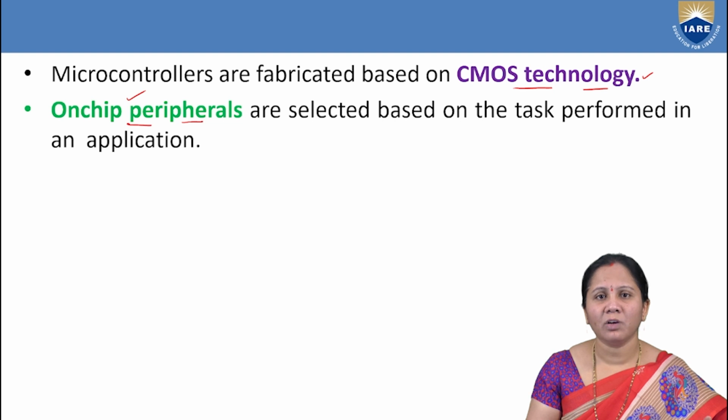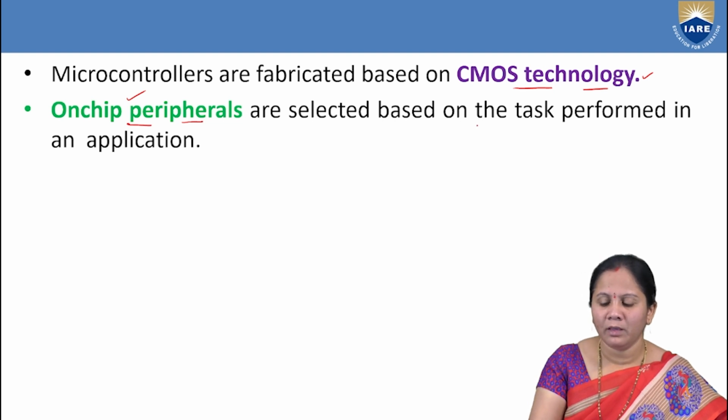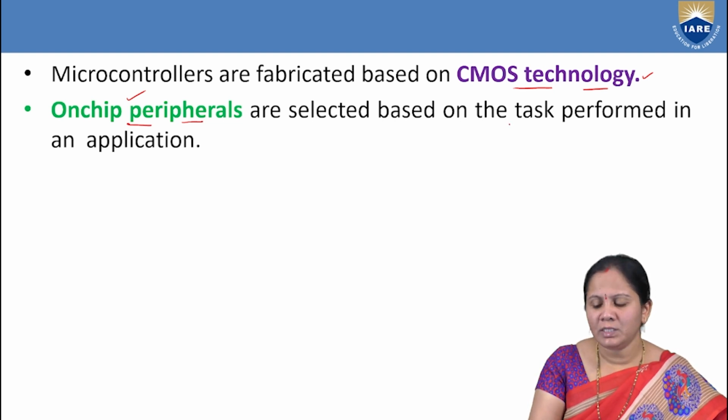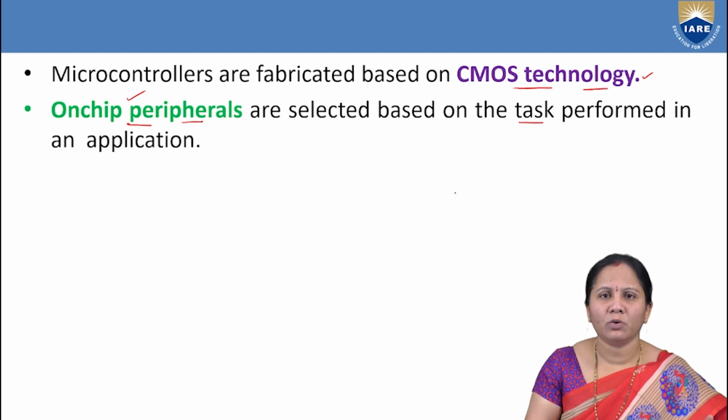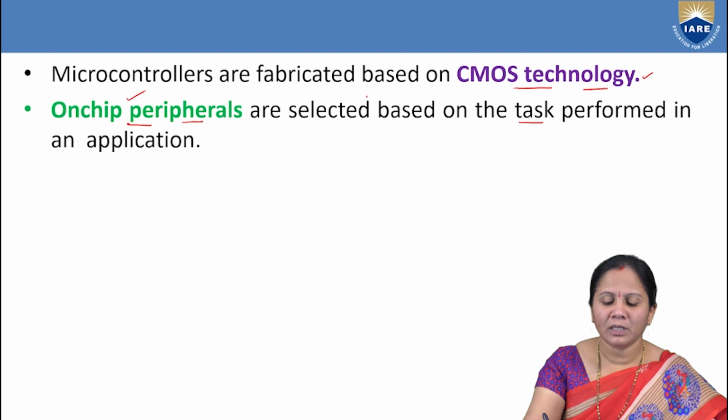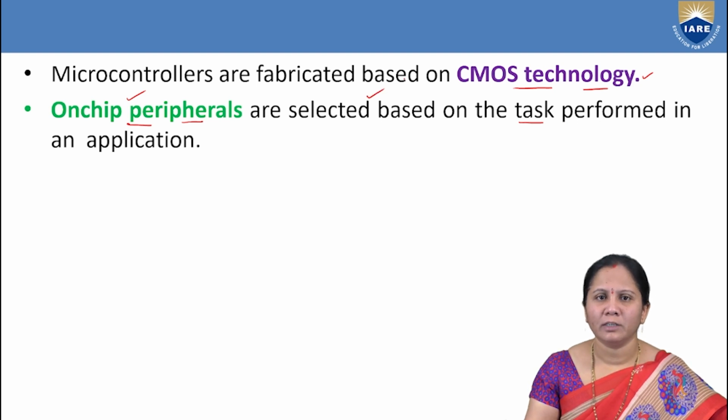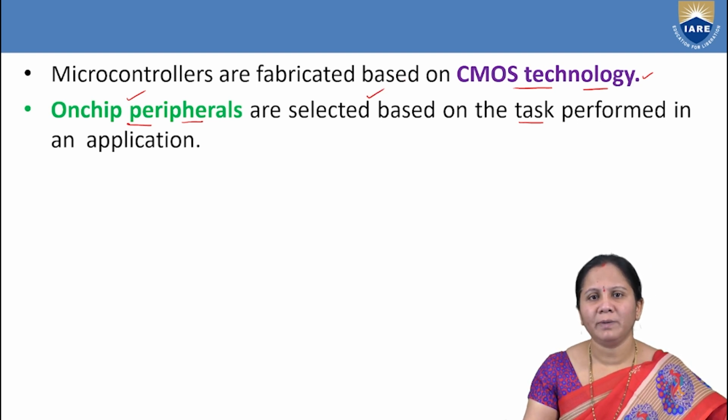Among all the peripherals, based on the task the microcontroller is going to perform in an application, only particular peripherals will be selected. Among all the peripheral devices embedded inside the microcontroller, only some devices will be used.